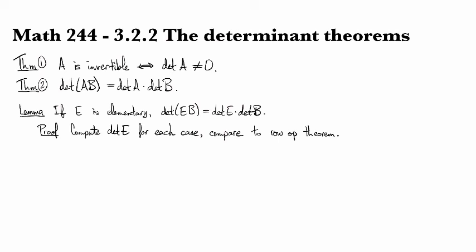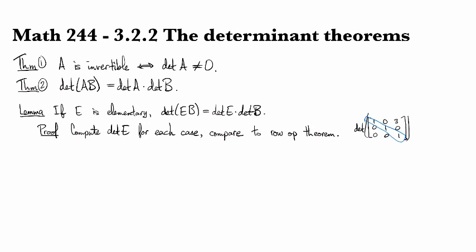So for example, if we have an elementary matrix that looks like 1, 0, 3, 0, 1, 0, 0, 0, 1, this is an elementary matrix that came from the row operation where we add 3 copies of row 3 to row 1. When I compute the determinant of this matrix, it's an upper triangular matrix, so it's just the product of the diagonal.